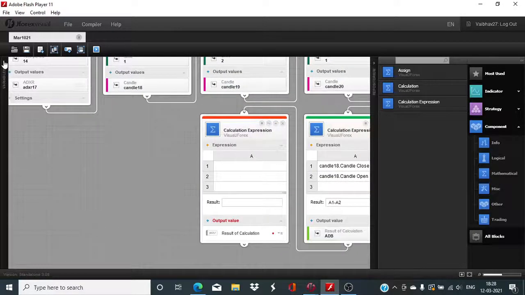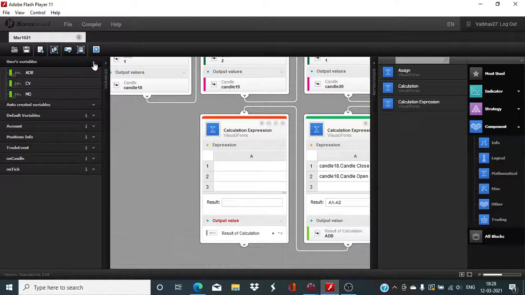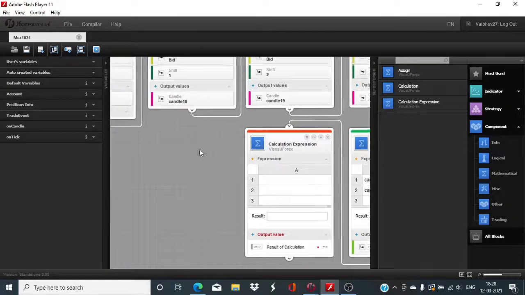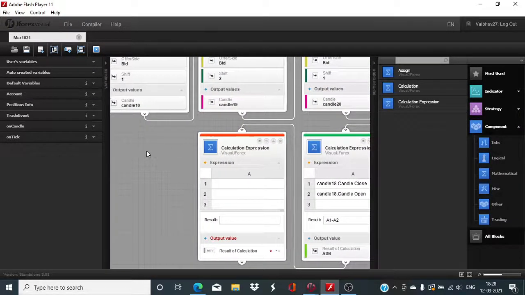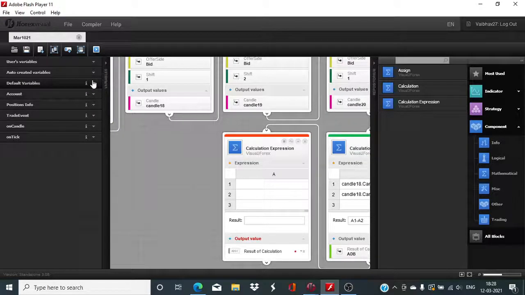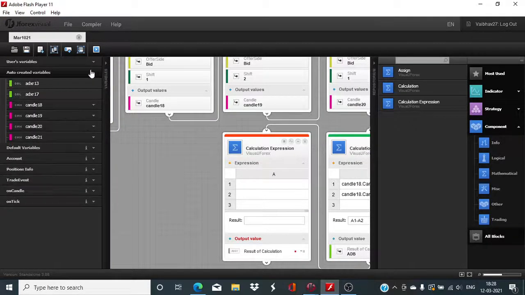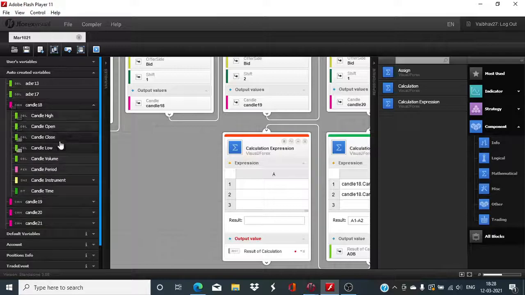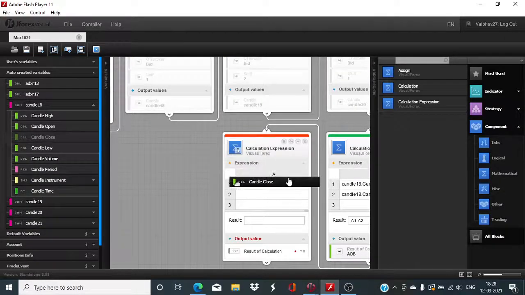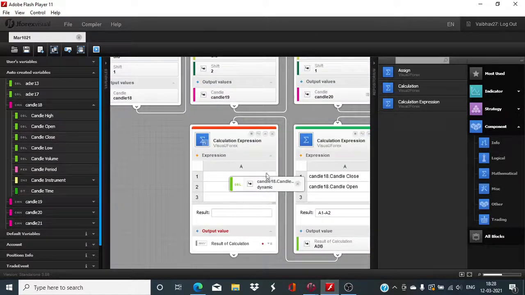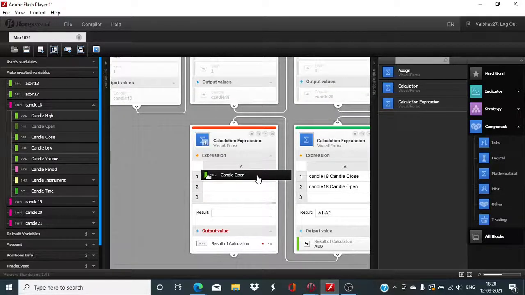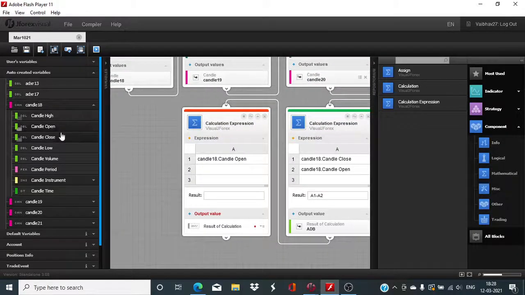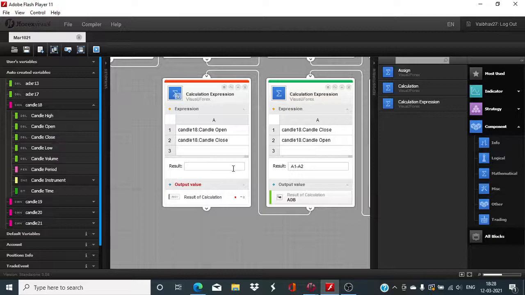Now candle 18, candle close. Open price and the closing price.